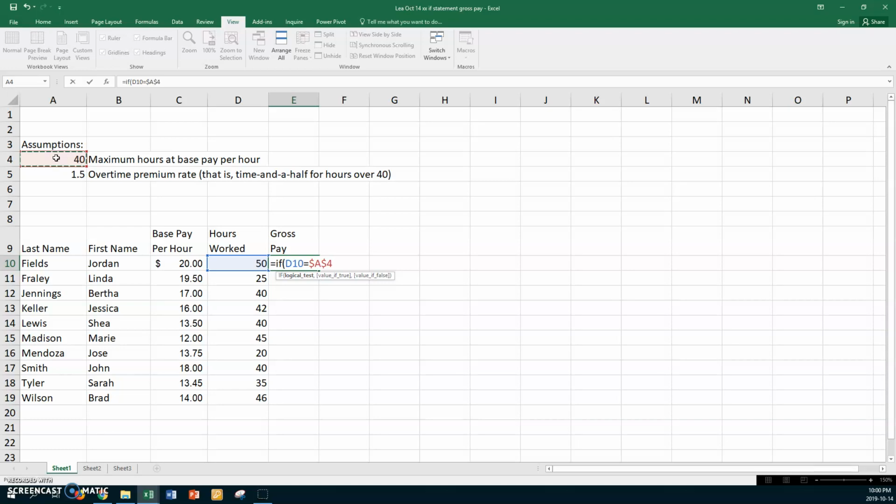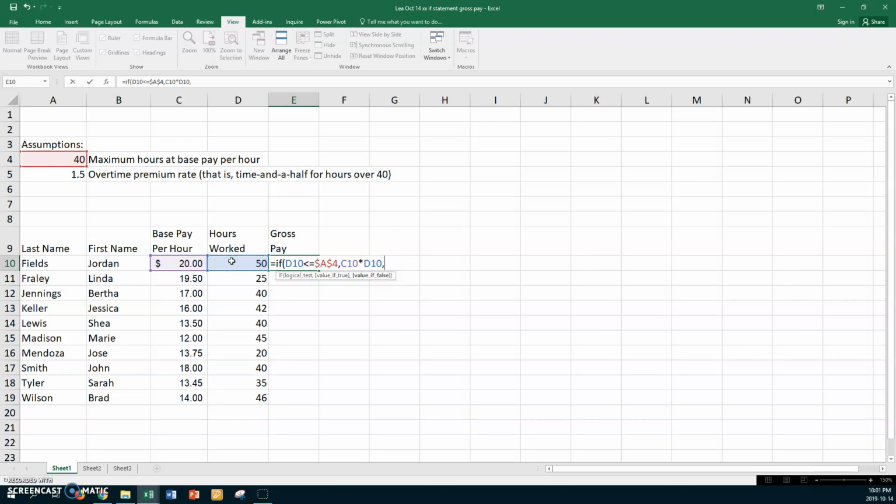So if your hours worked is less than or equal to 40, then the true value is your base pay times your hours.